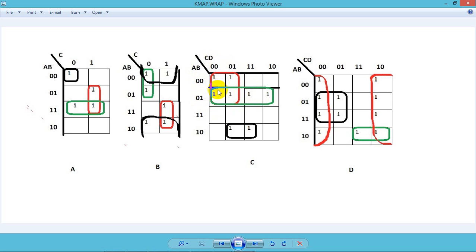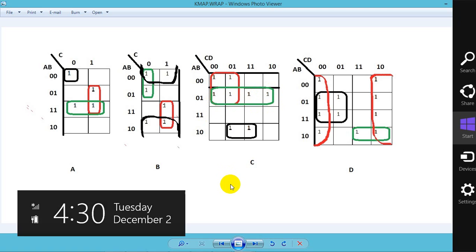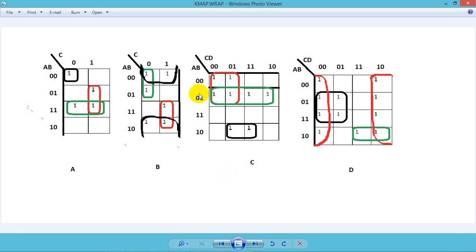Now we want to talk about the green group. Then we have our A, which was 0, and our B was 1. Now because our A here was 0 and our B here was 1, we have to complement our A to get 1. So we have A complement B as our green.